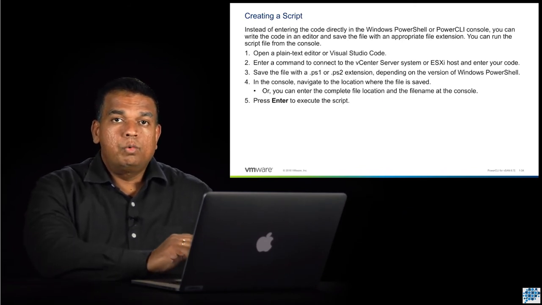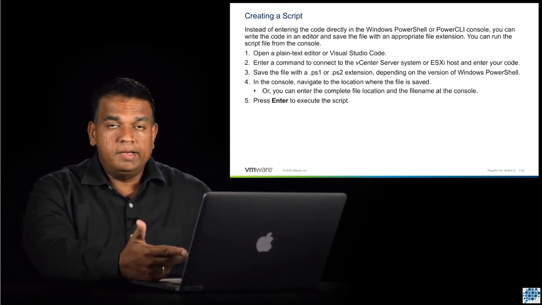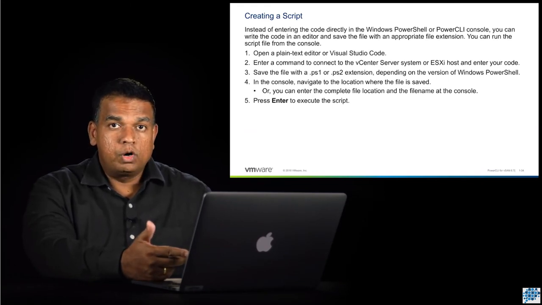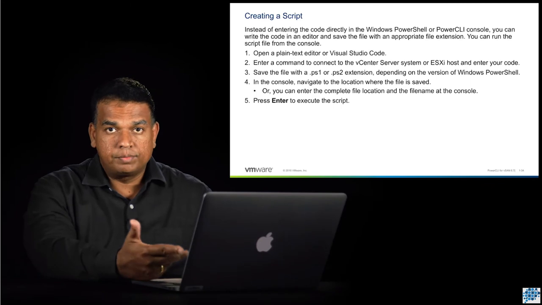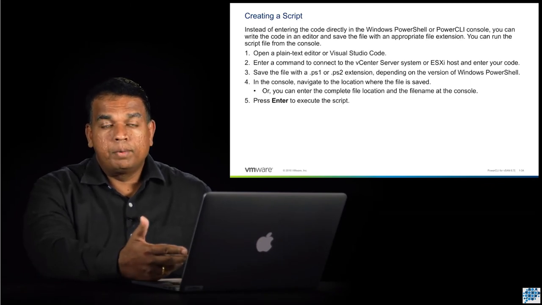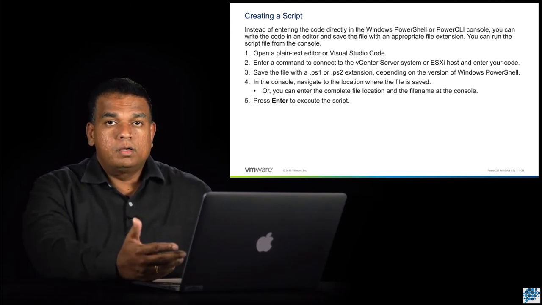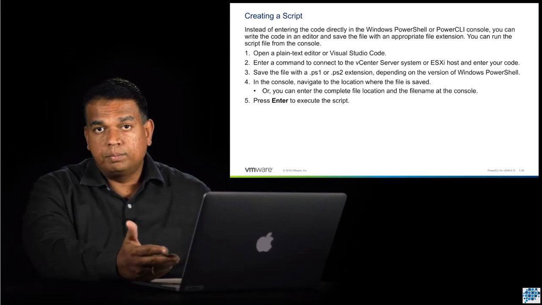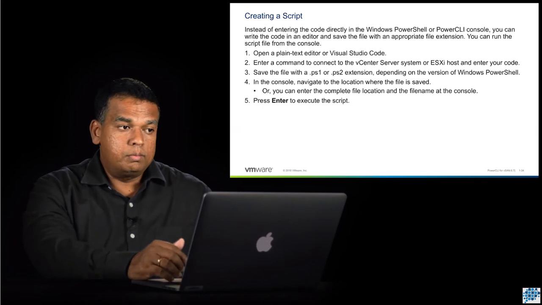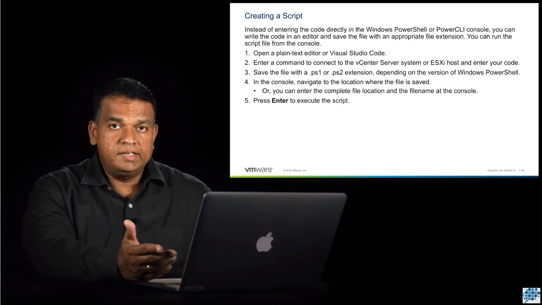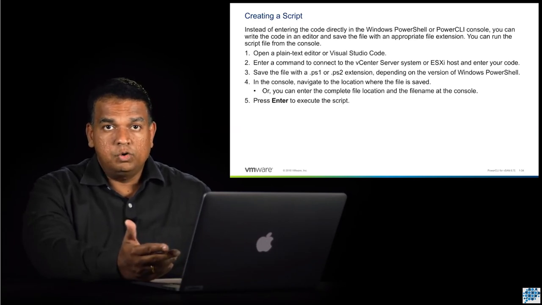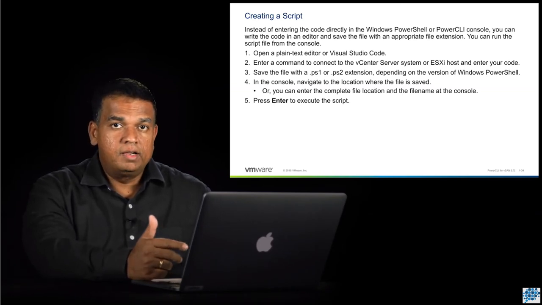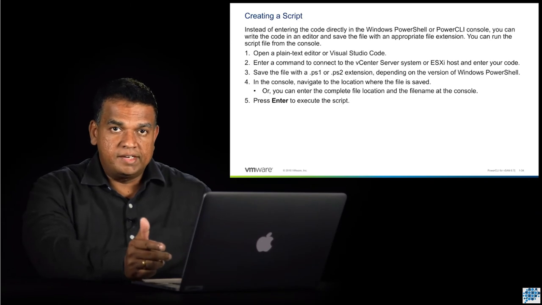Finally, these cmdlets by themselves are not going to be very useful to you if you do not put them in some form of script which is going to perform changes across a large number of objects in your environment. To do changes to a large number of objects, you have to write a script and save that file with a particular extension.